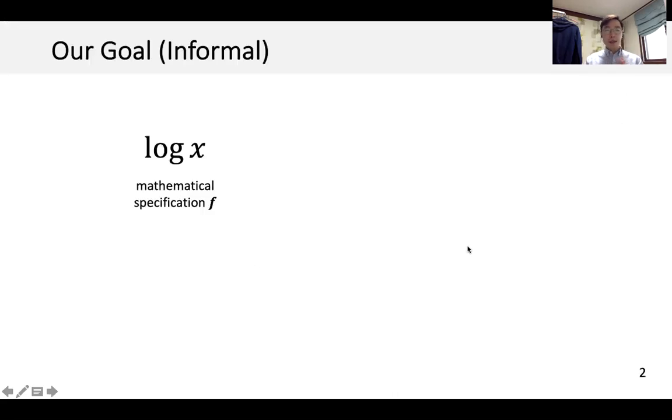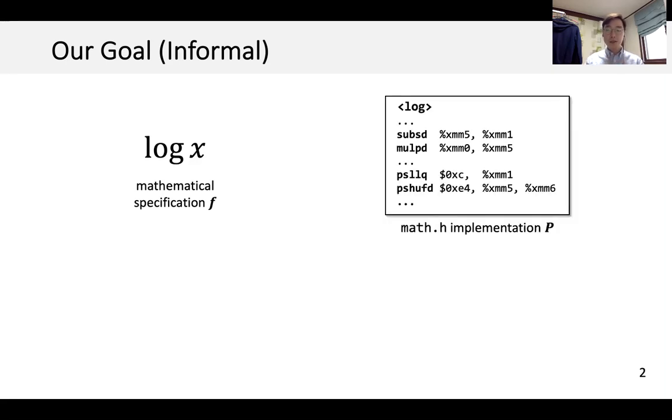To describe the problem that we want to solve, let's consider the log function and its floating point implementation as shown in the slide. This is a floating point implementation because it uses floating point operations such as subtraction and multiplication, colored by blue. But as you know, floating point numbers always have a fixed number of bits, but the mathematically exact value of log usually has an infinite number of bits.